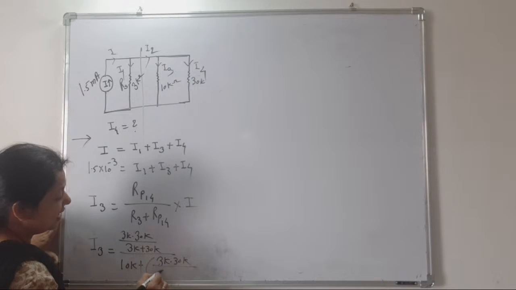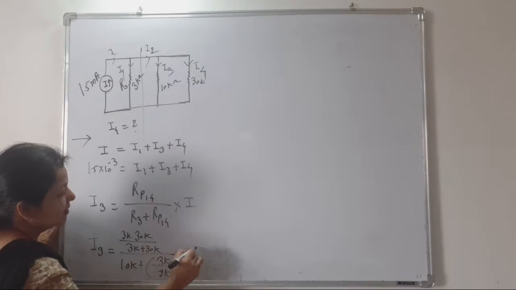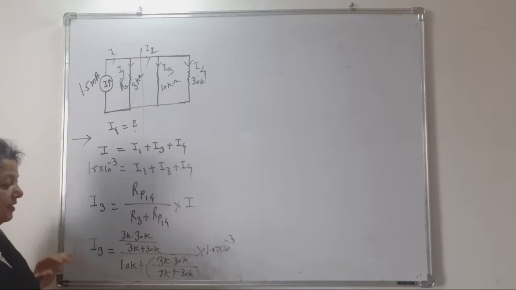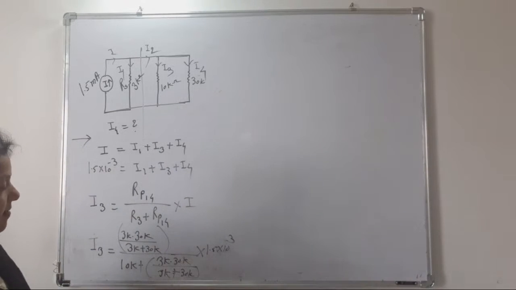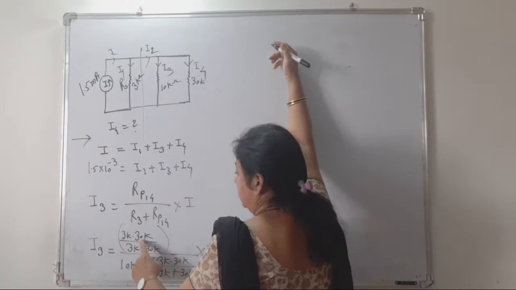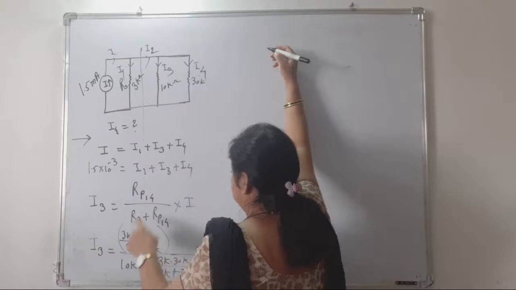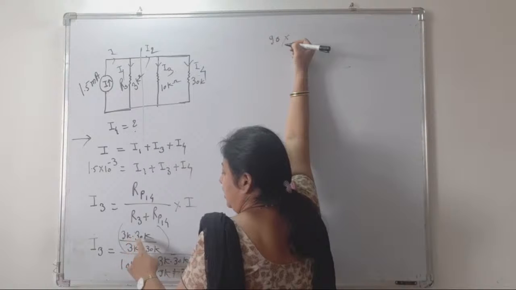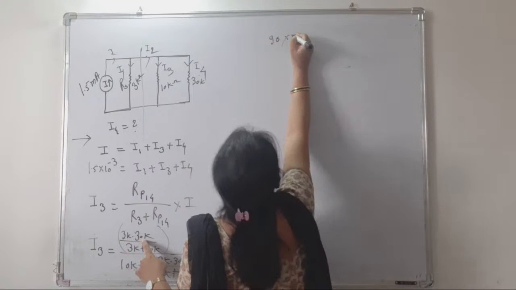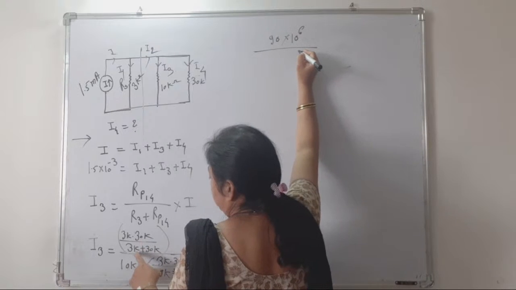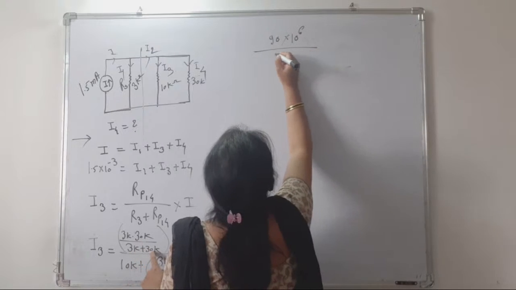Try to simplify at your own also. What is I? 1.5 into 10 raised to minus 3. 3 3s are 9, so 90, multiplied by 10 raised to 3 and 10 raised to 3, that is 10 raised to 6. And at the denominator, 33 into 10 raised to 3.